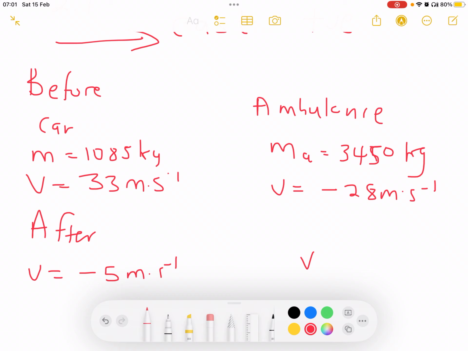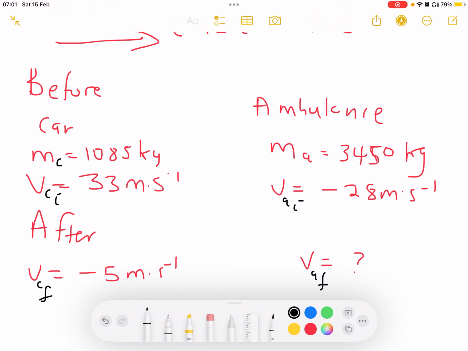Then the ambulance velocity is unknown. So I will denote this as mass of car, initial velocity of car, initial velocity of ambulance, final velocity of car, and mass of ambulance. The masses remain the same, they don't change in this case.